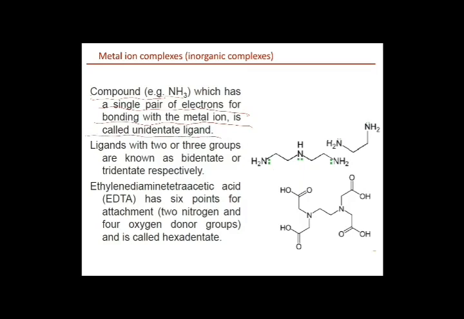So the thing that donates a pair of electrons is obviously a ligand. In this complex, if a ligand has only a pair of electrons to donate to make a bond with a metal, or to make a complex with a metal, we call this ligand a unidentate.